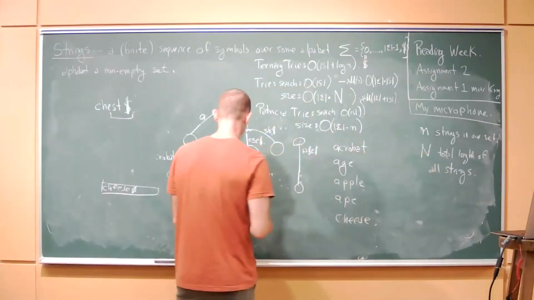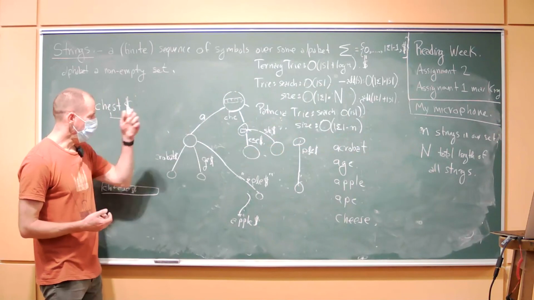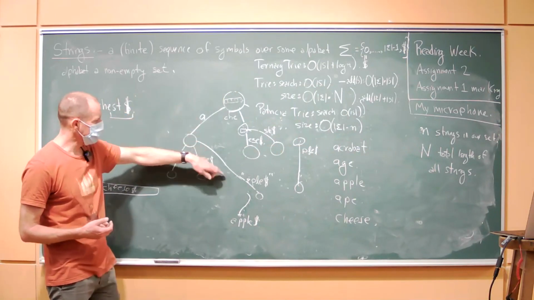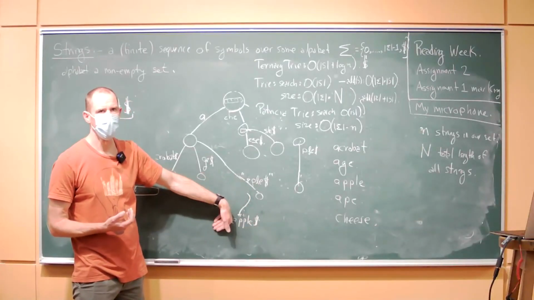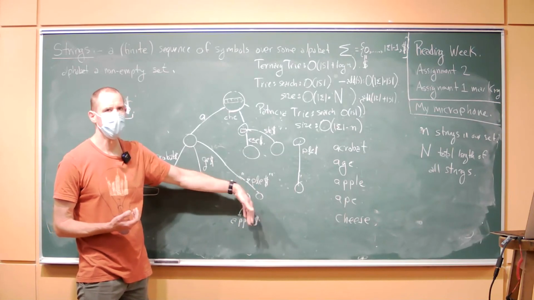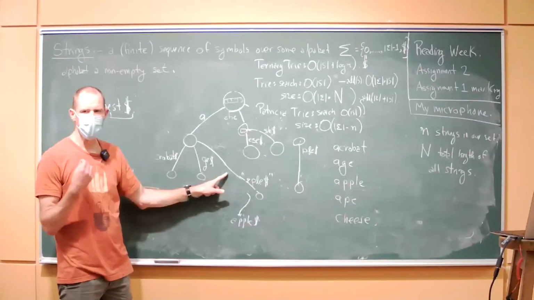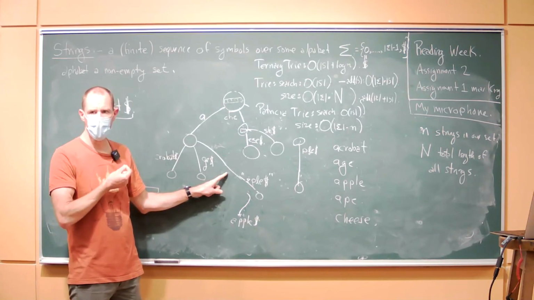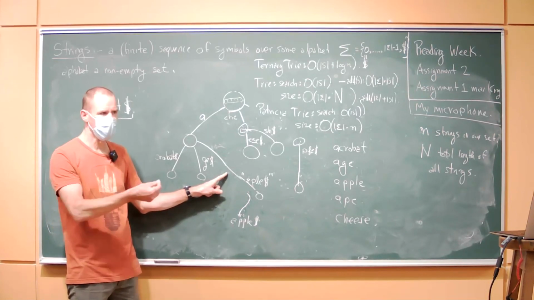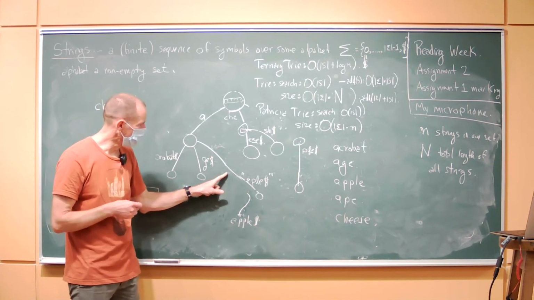Sorry, Pat, I think I missed it, but how much does the remove take? The remove takes as quickly as you can find it. So you search for it in O of S time. Okay. And then you get rid of a node. You then check if the parent of that node has only one child. So that takes time that's the length of the alphabet, if you just look through the whole array to count how many pointers are not null.